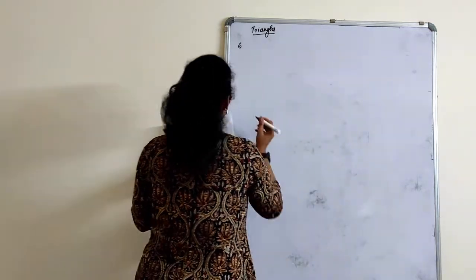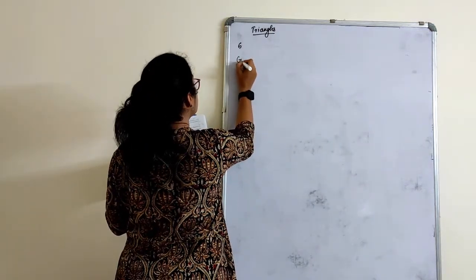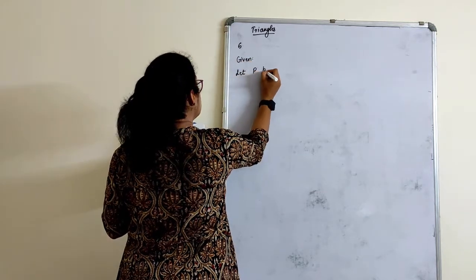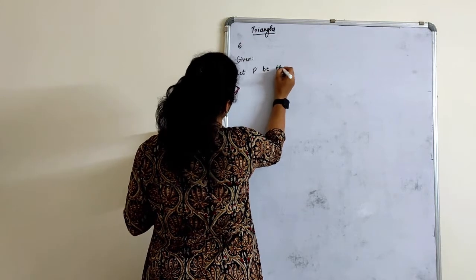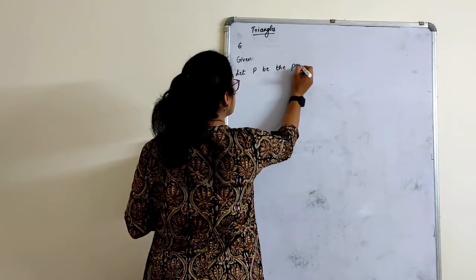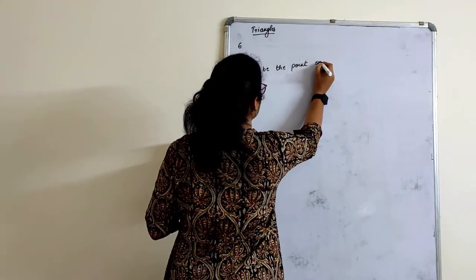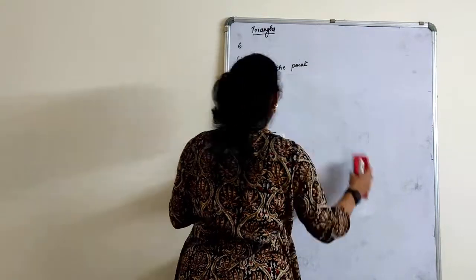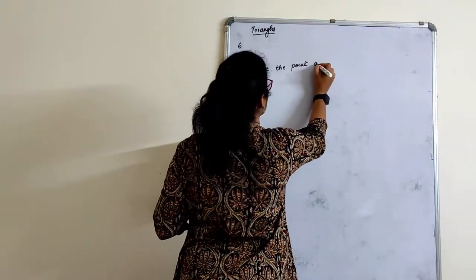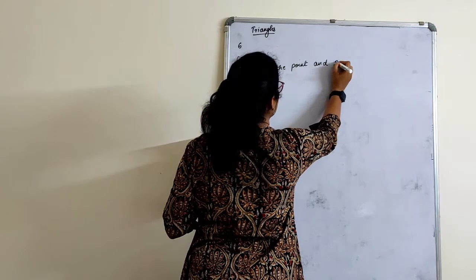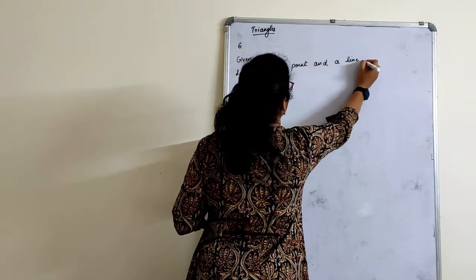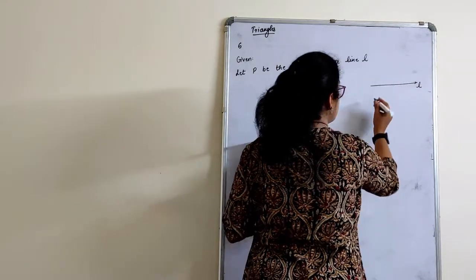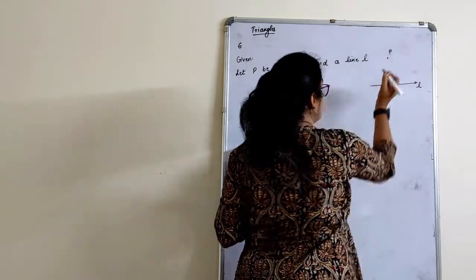So what we will write here is given: let P be a point not on a line L. That means we have a line L and P is a point, right?